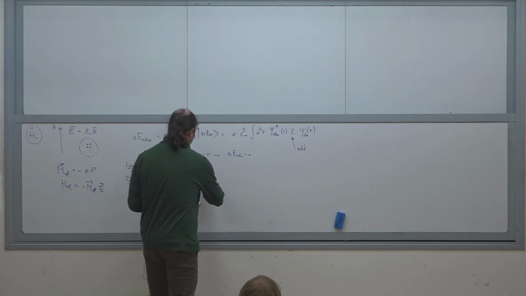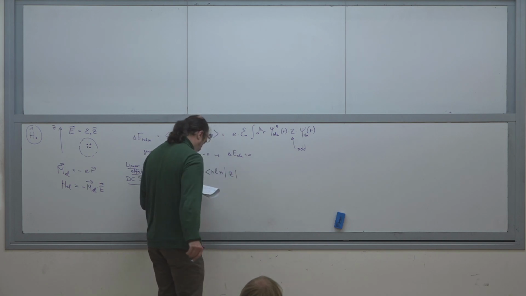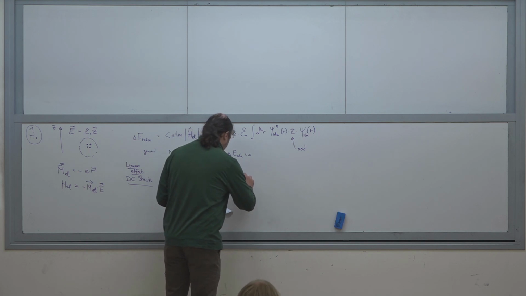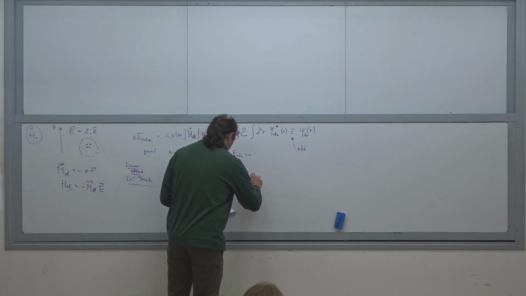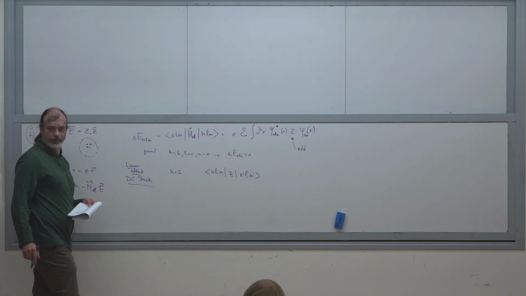But I tell you that if you take the matrix element between n, L, m, of the operator z, and n prime, L prime, m prime, that's the matrix element you are looking for.